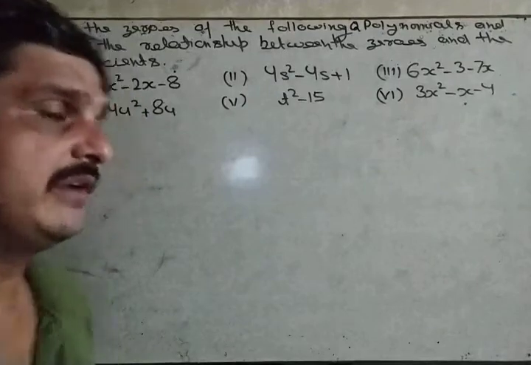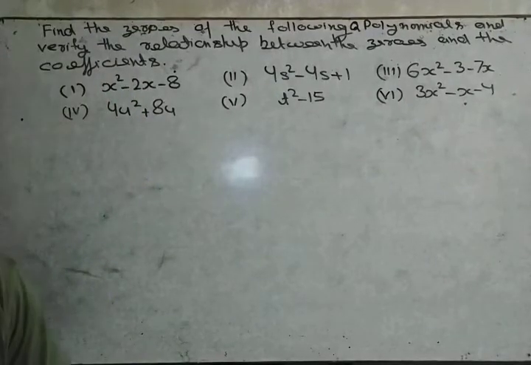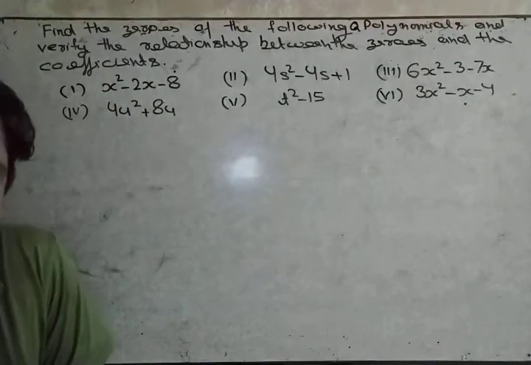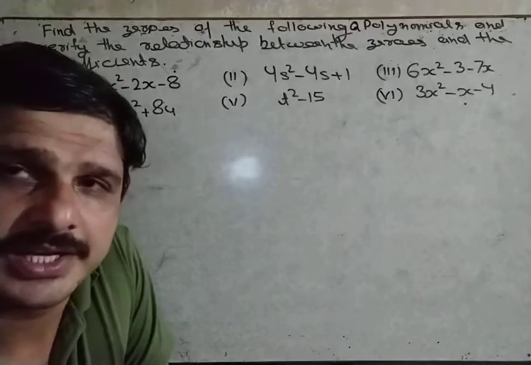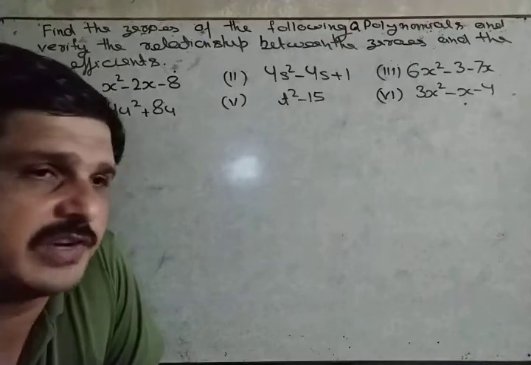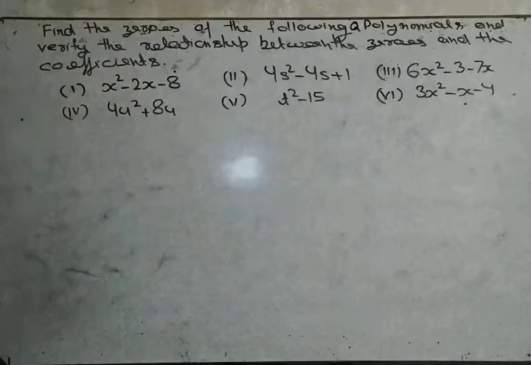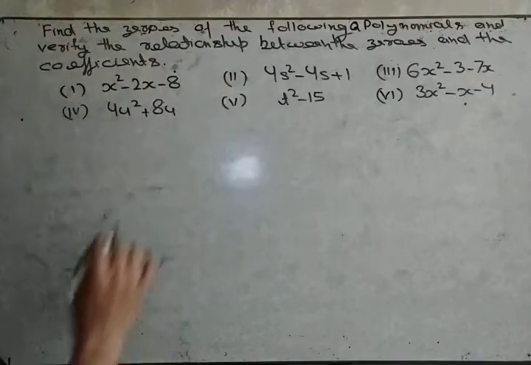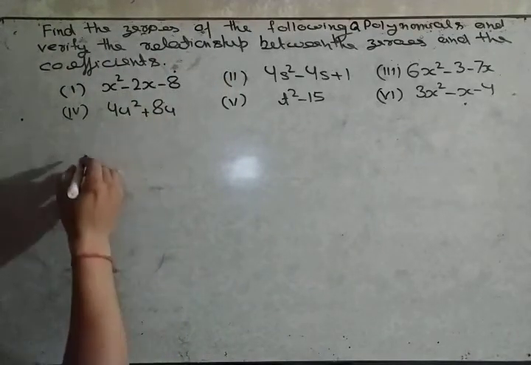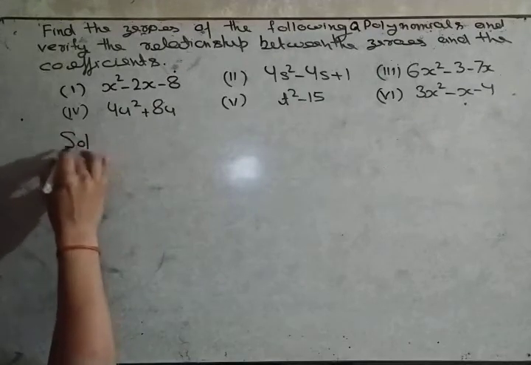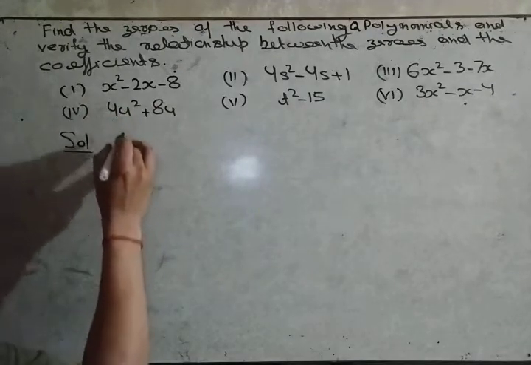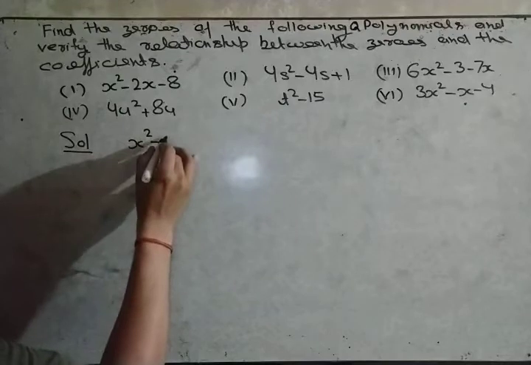So I think you have tried the question yourself by pausing the video, and if you know the solution, you can fast forward. Otherwise, see, find the zeros. Solution: our equation is given like this.